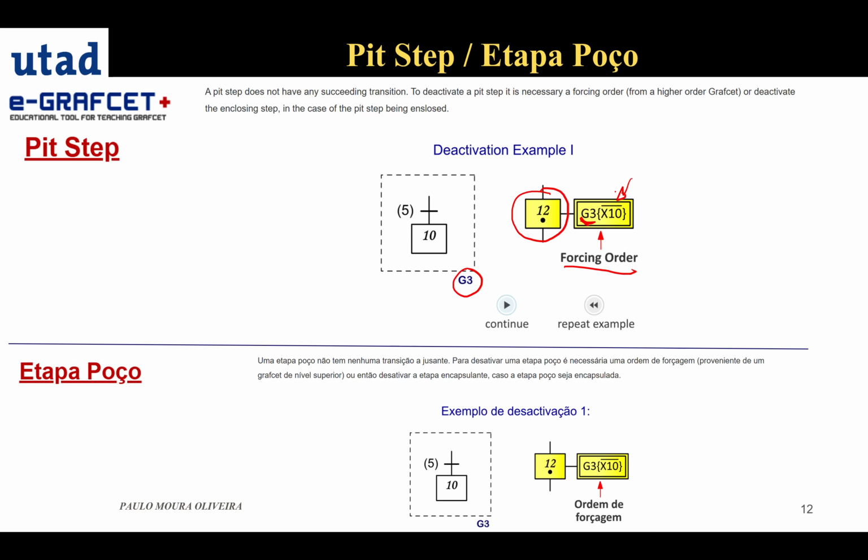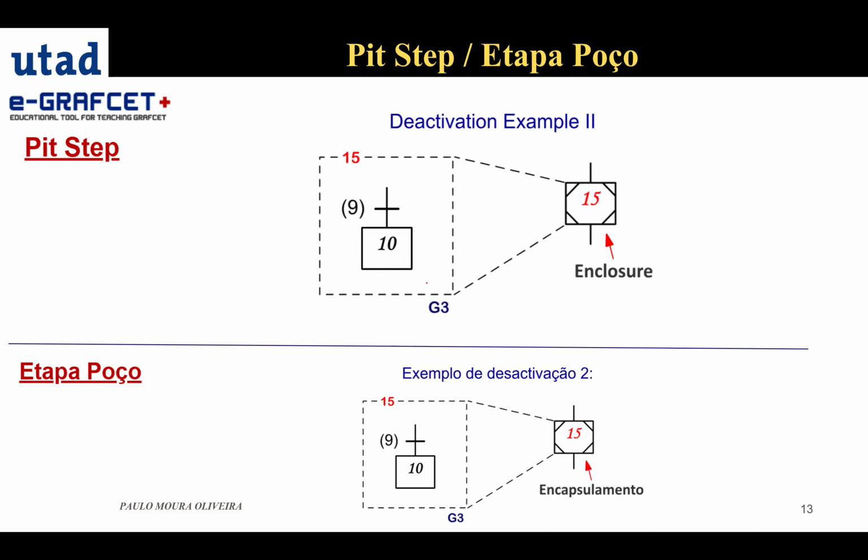This is one example, and the other is by an enclosure. If the enclosure becomes deactivated, all the steps in the enclosure become deactivated as well. This is a particular thing that we are going to see in another video.